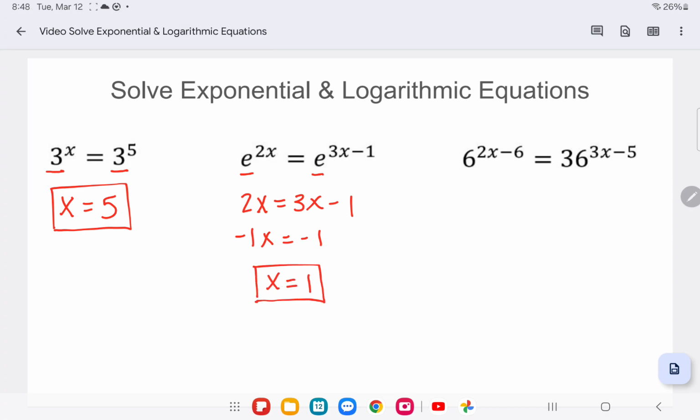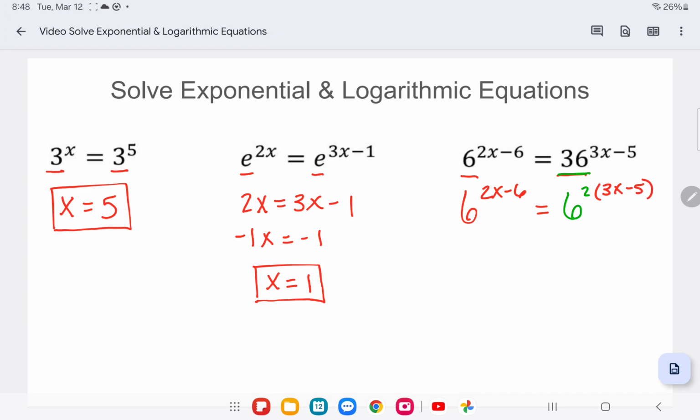In the third example, the bases do not match. We have a base of 6 and a base of 36. But we can get a common base by rewriting 36 as 6 squared. 36 is the same thing as 6 squared. So we have 6 to the power of 2x minus 6 equals 6 squared, and then we also have 3x minus 5 up there in the exponent.